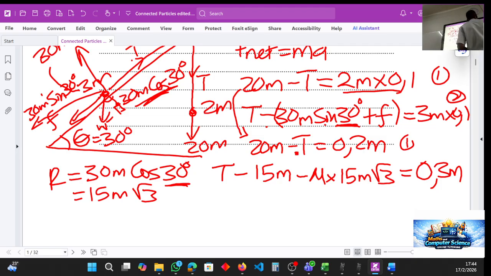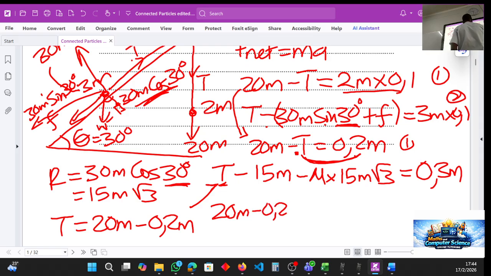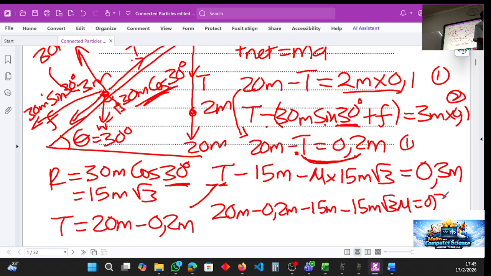Let me proceed with my calculations and check if it can help me get mu. I could make T the subject of the formula so that I eliminate T and deal with mu. T is equal to 20m minus 0.2m. So when I substitute it in this equation, I'll be saying 20m minus 0.2m minus 15m minus 15m root 3 mu equal to 0.3m.